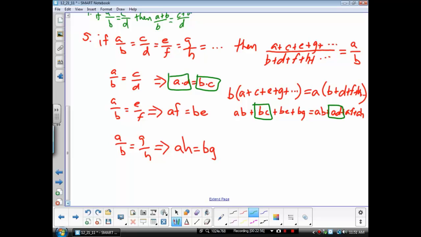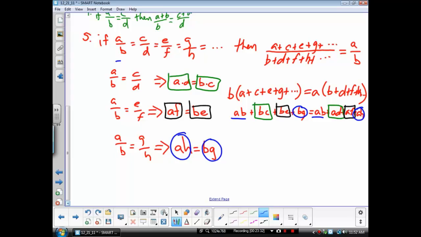I know that AF equals BE. So I have AF and BE. Those are equal. I know that AH equals BG. So AH and BG. And AB equals AB. So these are equal to each other, using your means extremes property for all of these proportions.